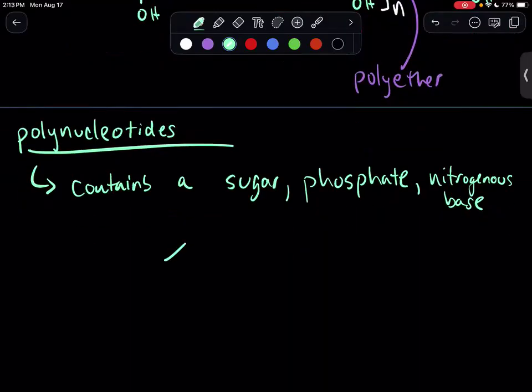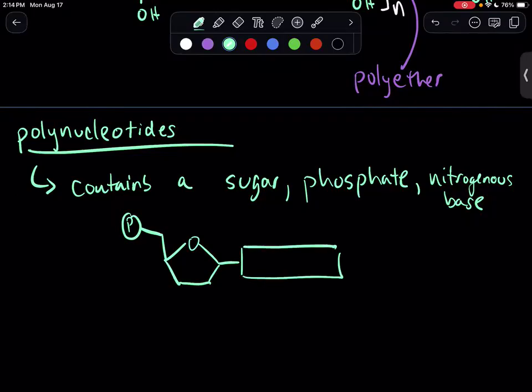All DNA and RNA nucleotides look pretty similar. We start with a five-ring sugar, but much like glucose, one of the axis points has been replaced by oxygen. Then we have that fifth carbon sticking up off the fourth carbon, and that's bonded to our phosphate, generally represented by a circle and a P that represents phosphate. The first carbon is bonded to a nitrogenous base. And actually, I'll just point these out.